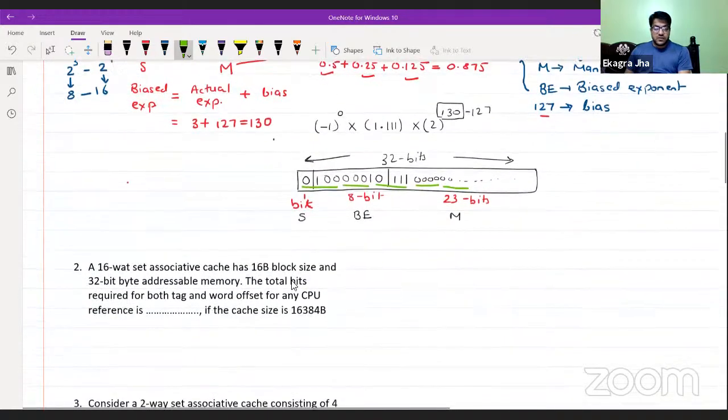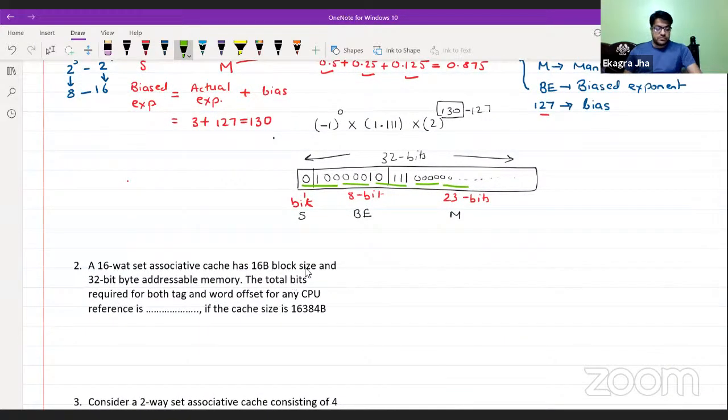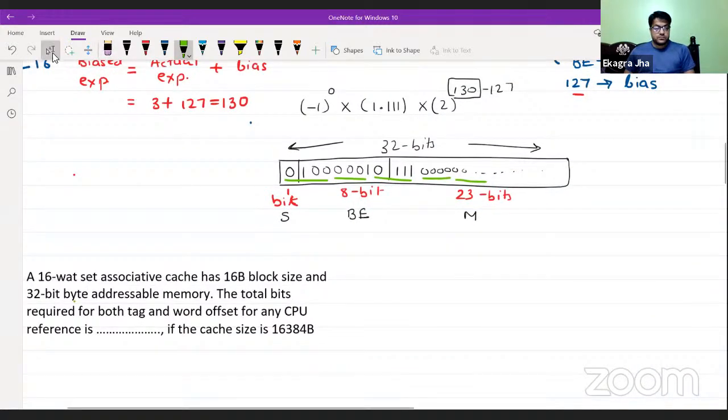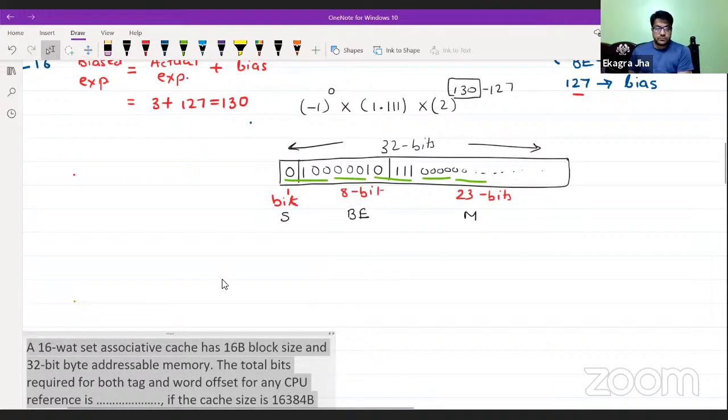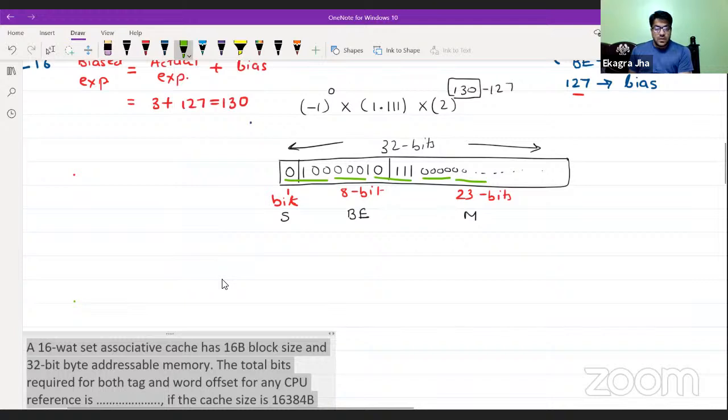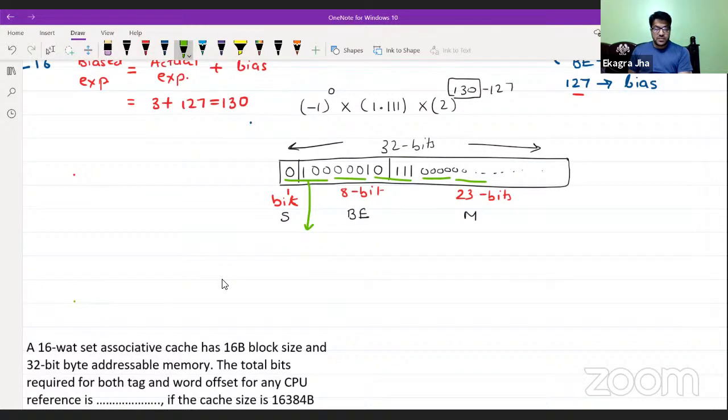If you see it closely, the first 4 bits, 0100, is the binary of hexadecimal value 4.